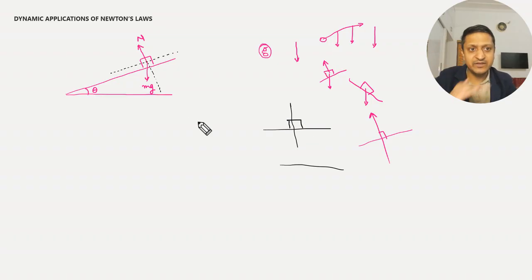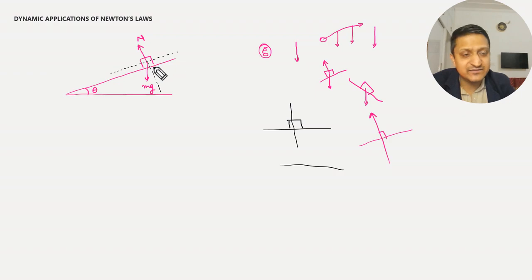But now we have tilted the plane, so we have to tilt our axes also. For these axes, we now need new mg values. So new mg values means there will be one force this and another force this. These forces we will be requiring.